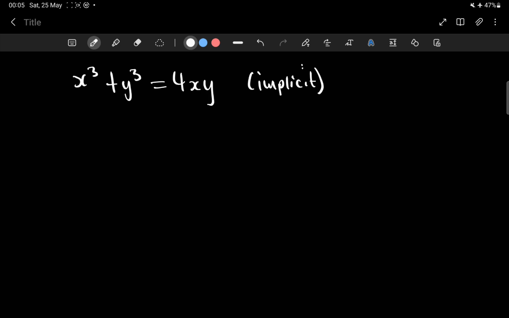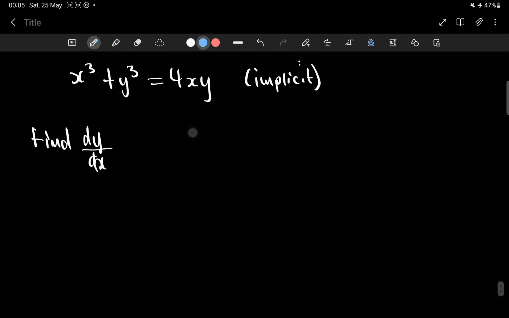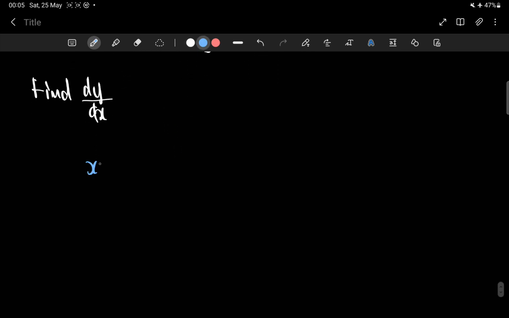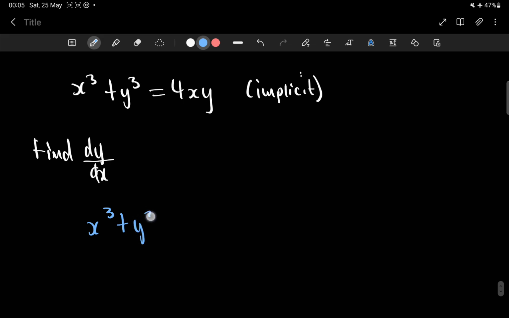So how do I differentiate this? Because I need to get dy dx. Okay, let's say they say find dy dx. So what do I do? Okay, how do I do it? What you do is you have your equation which says x cubed plus y cubed is equal to 4xy.